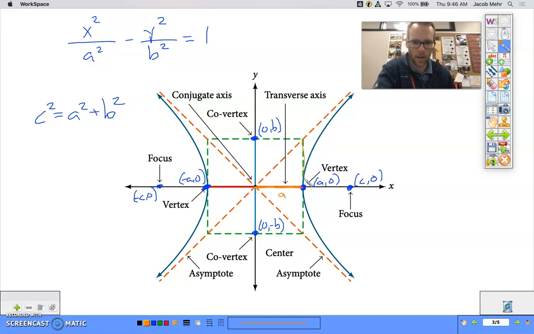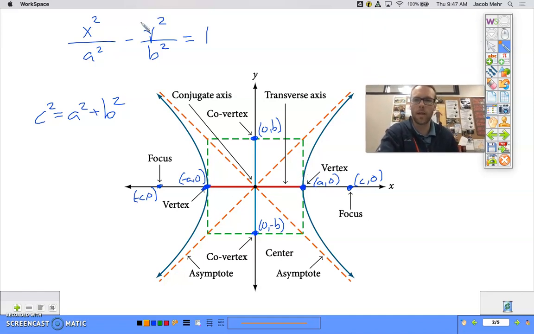This distance right here, if that's (0, b), is b, and we get a right triangle here where a squared plus b squared equals c squared. That's c, and if I rotate this down, it will actually connect with the focus. So there's our right triangle with a, b, and c, and it rotates down, and I won't get into it any more than that at this time. Okay, so that's what the equation looks like if the transverse axis is horizontal.